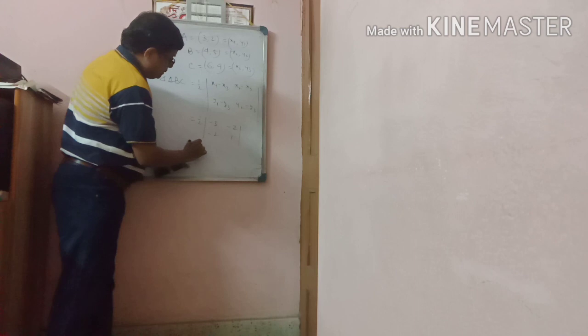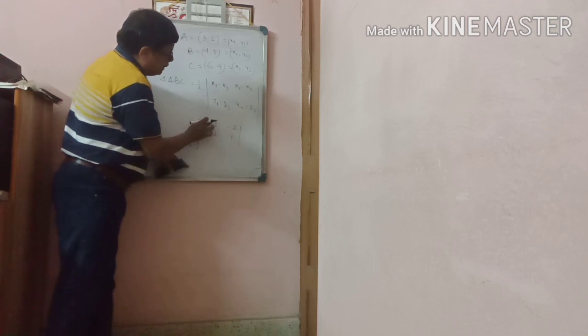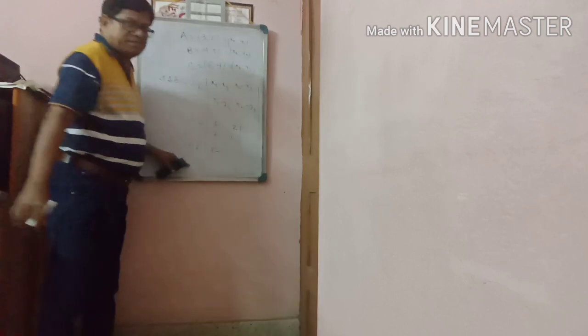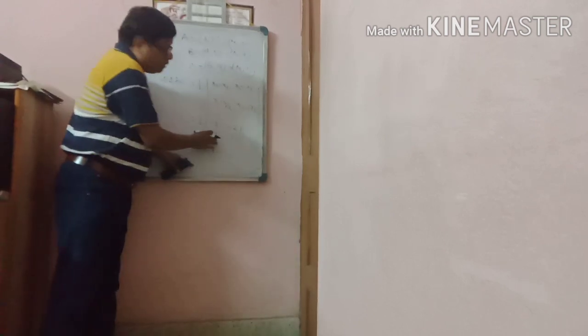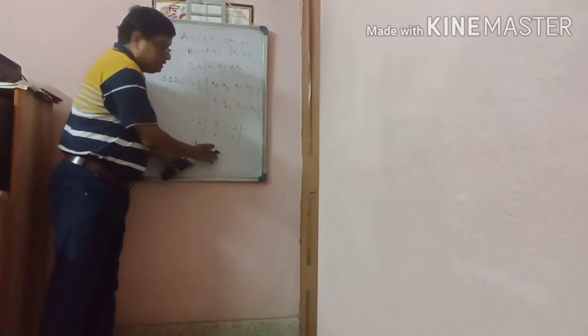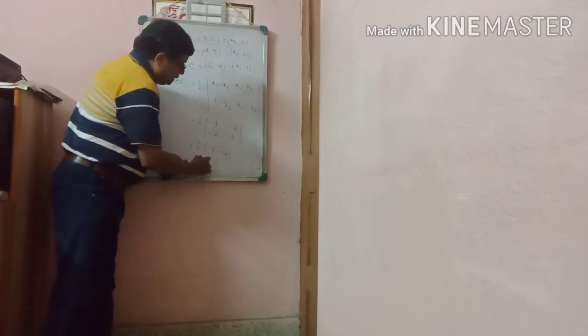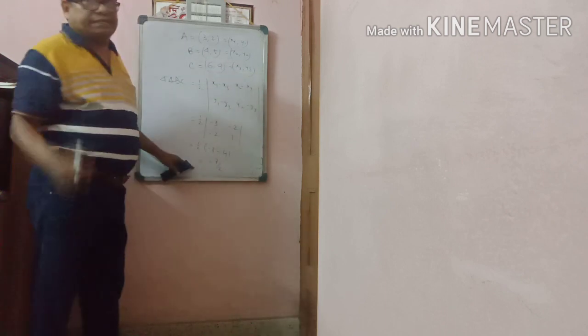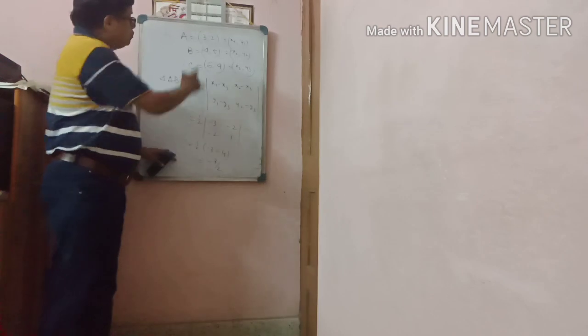Just simplify, half is there, then minus 3 into 1, minus 3, and minus 2 into minus 2, plus 4. What is the value? Minus 3 plus 4 gives 1, and minus 4 is there, so it is minus 7 by 2. Area is always positive, so take the absolute value.